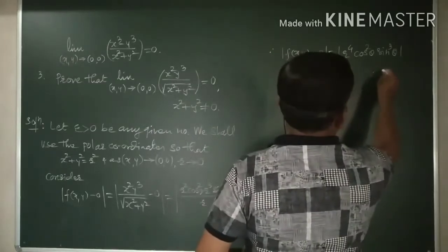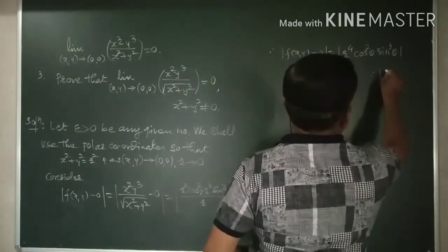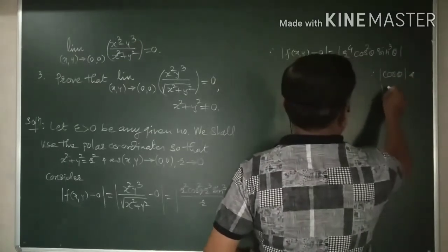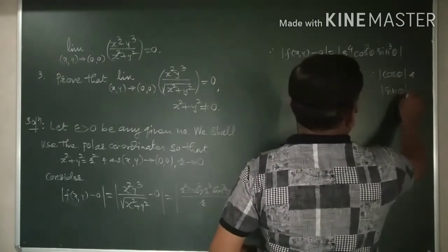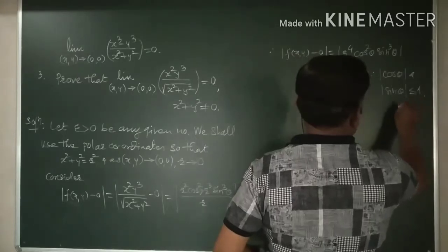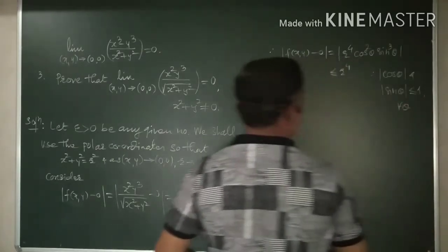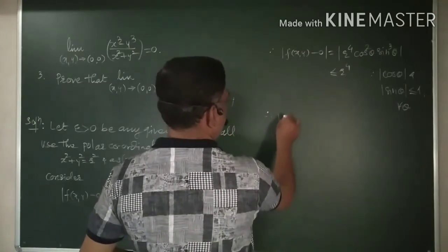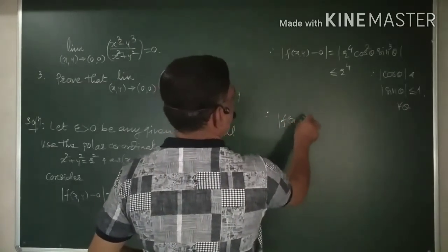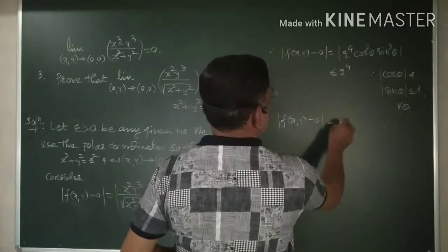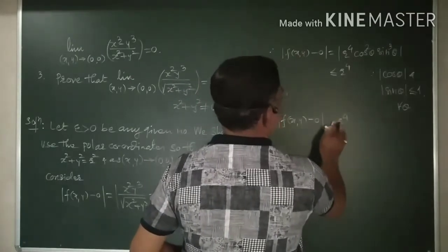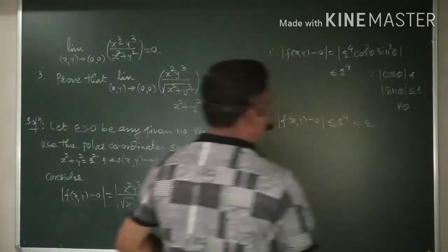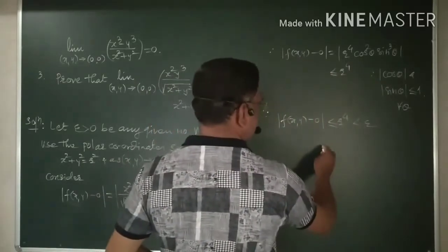Why? Because the absolute value of cosine θ and the absolute value of sine θ are each less than or equal to 1 for every θ. Therefore, the absolute value of f(x, y) minus 0 is less than or equal to r⁴, which I need to show is less than epsilon.